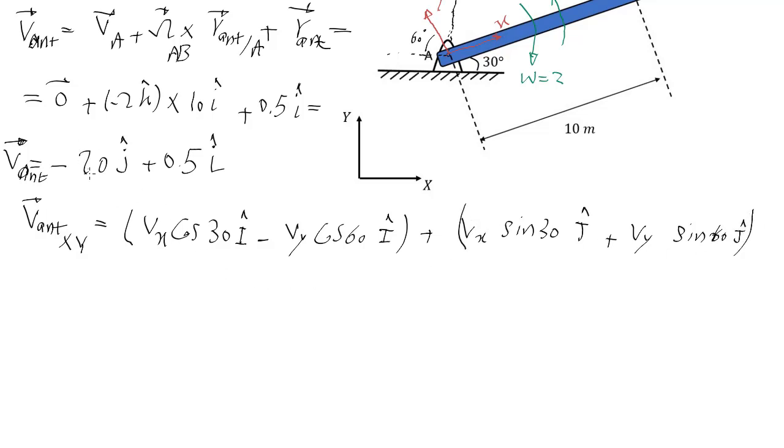And for Vx we can just substitute minus 20 and for Vy substitute half, and we get the velocity in the inertial frame. But as I said, this is also fine. So that's for question 2.